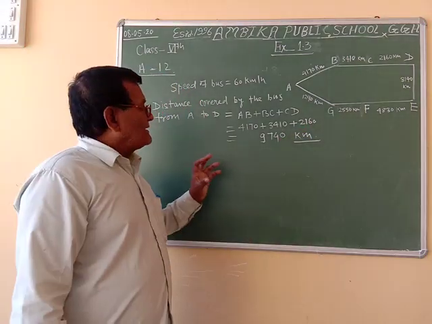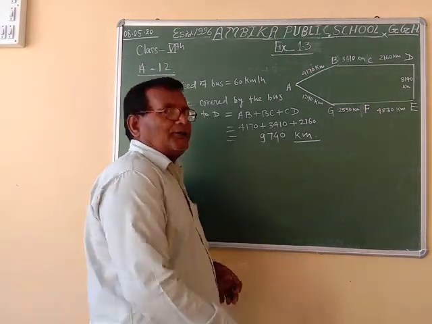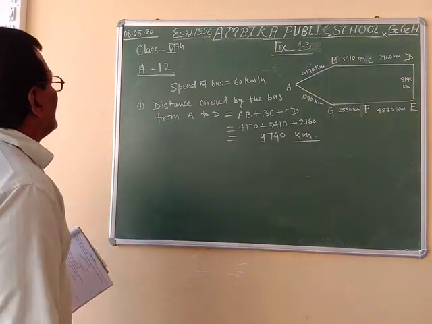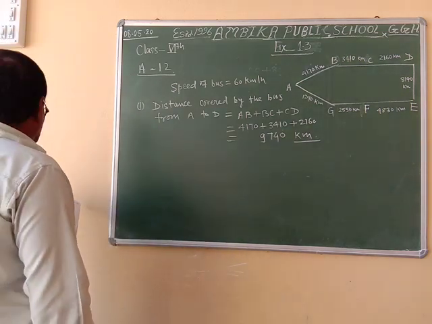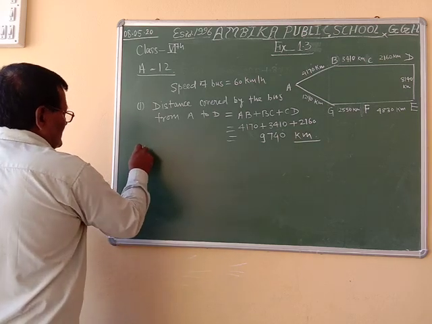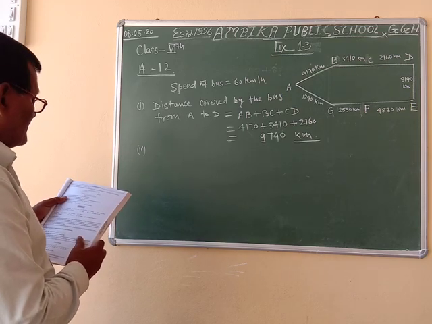Hence, total distance covered by the bus is equal to 9740 km. That is the answer of 1 of 12 number.